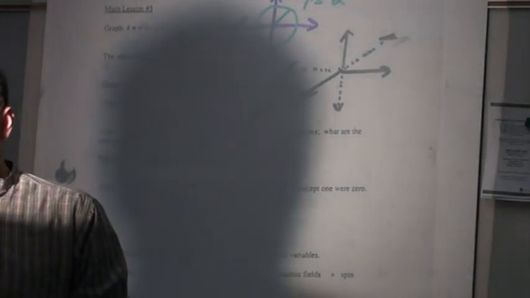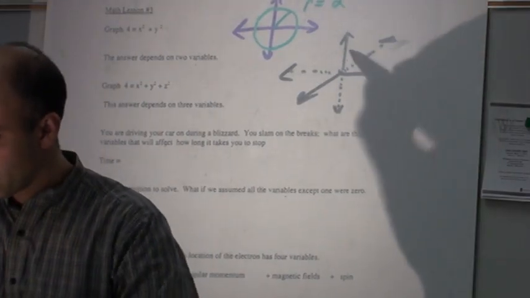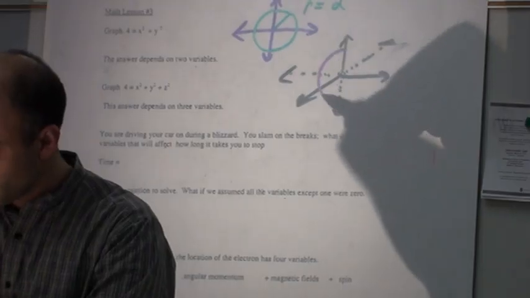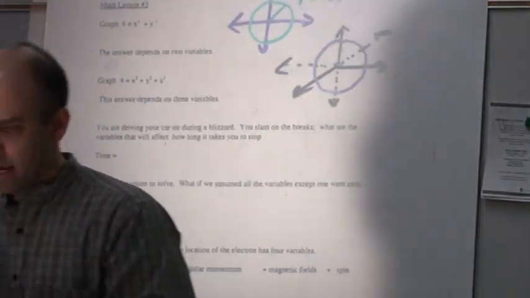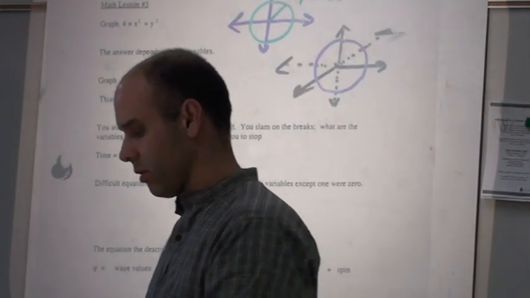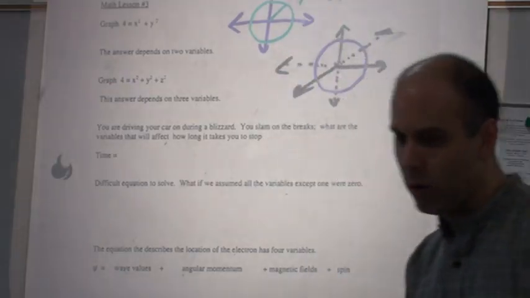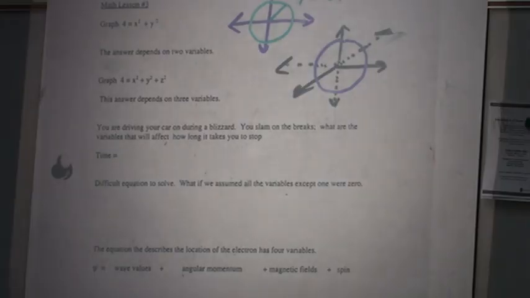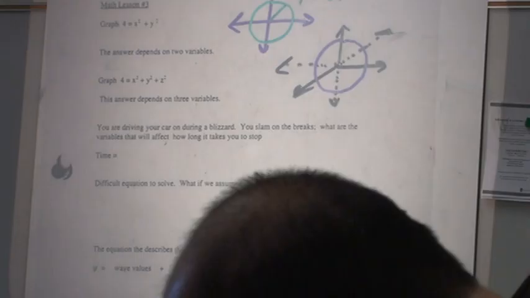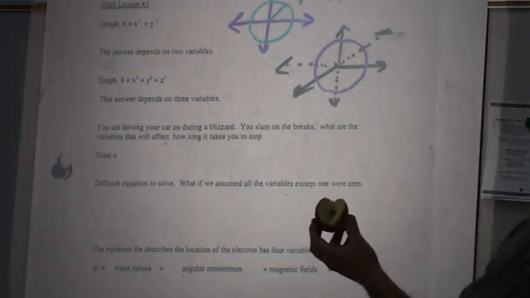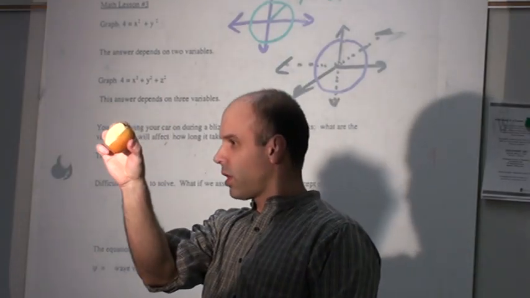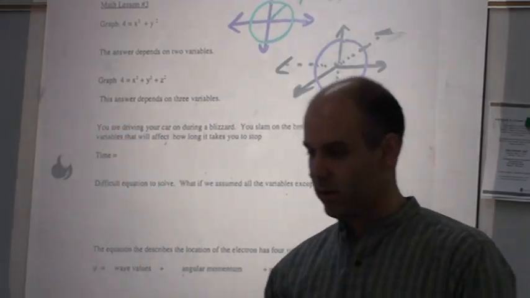Well, what you do is you draw a circle. So that's the first thing you do, is you draw yourself a circle. And then you have to give it perspective. So what you do is you chop out a section of your sphere, just like you'd cut out a section of an apple. So you cut out a section of that to try to give yourself perspective.